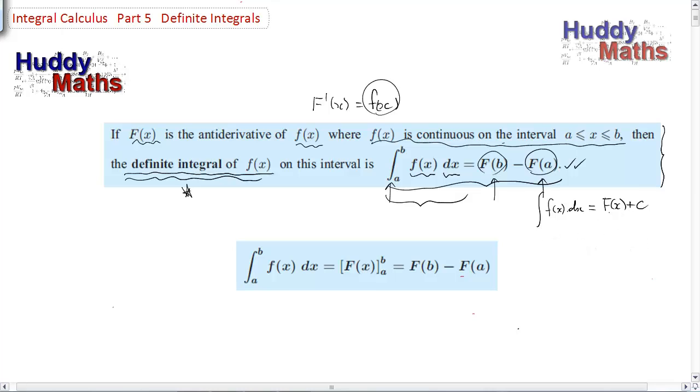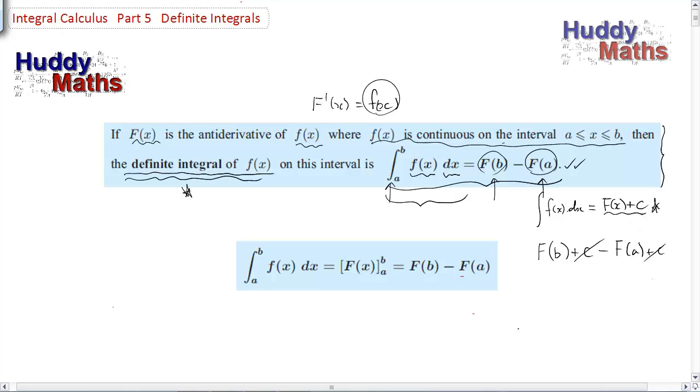When we put in, let's say, b in place of x, that would be that one minus F of a. So there's no c in there when you do this subtraction. You didn't realise that at the beginning. But when we've gone into this notion of a whole family of functions, then our antiderivative is really F of x plus c.